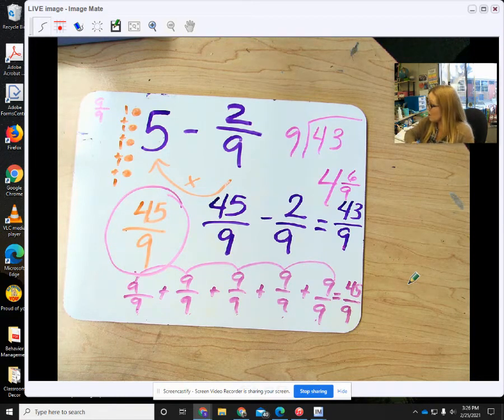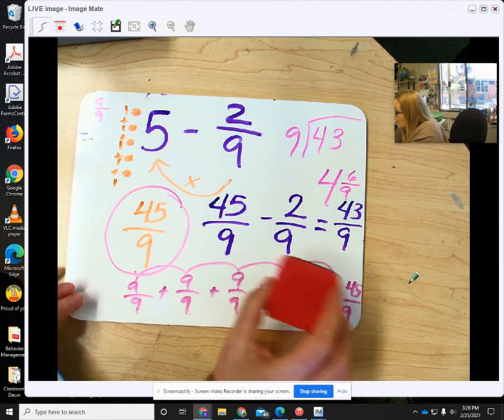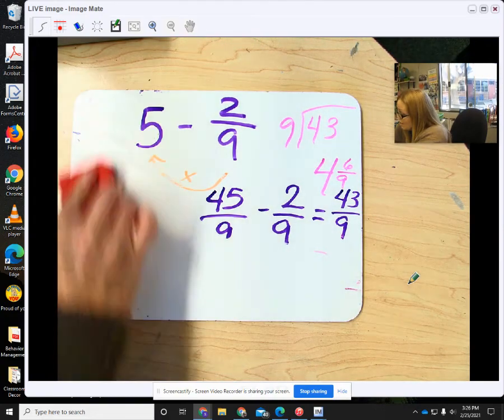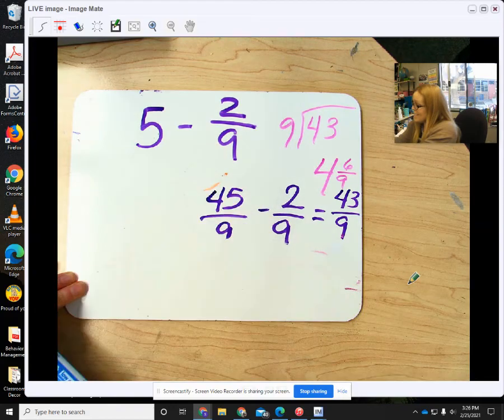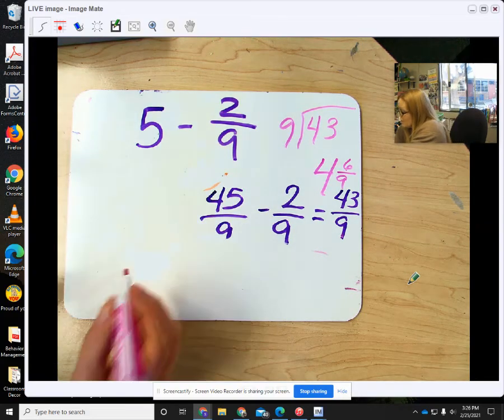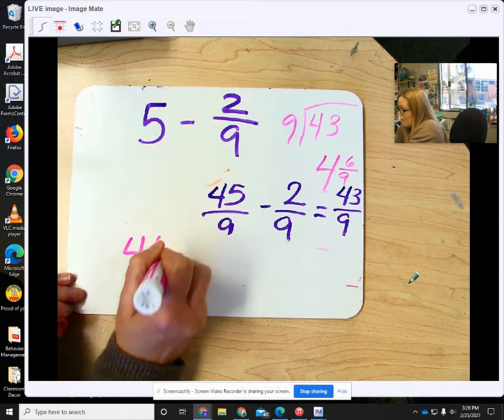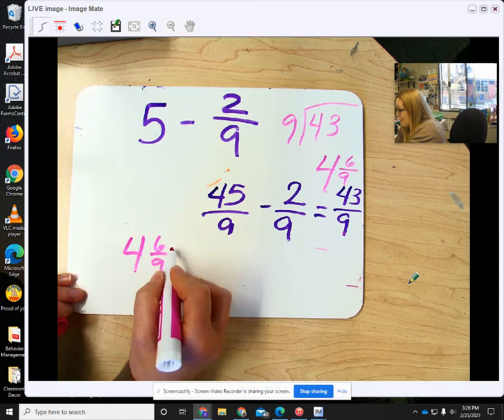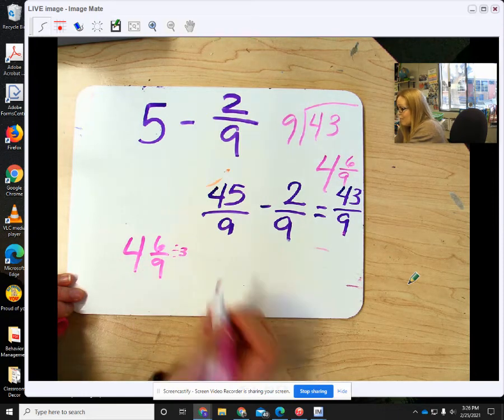But no, why can 4 and 6 ninths not be my final answer, you ask? Well, I know that 6 and 9 have something in common, right? So 4 and 6 ninths cannot be my final answer because they can both be divided by 3, and I could simplify that fraction.